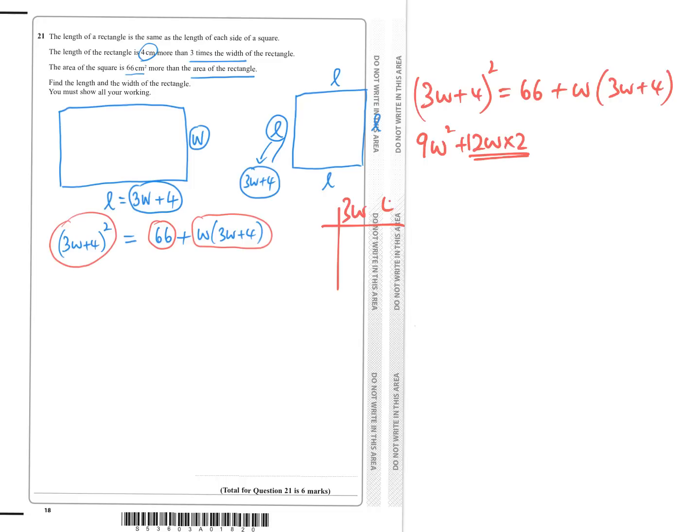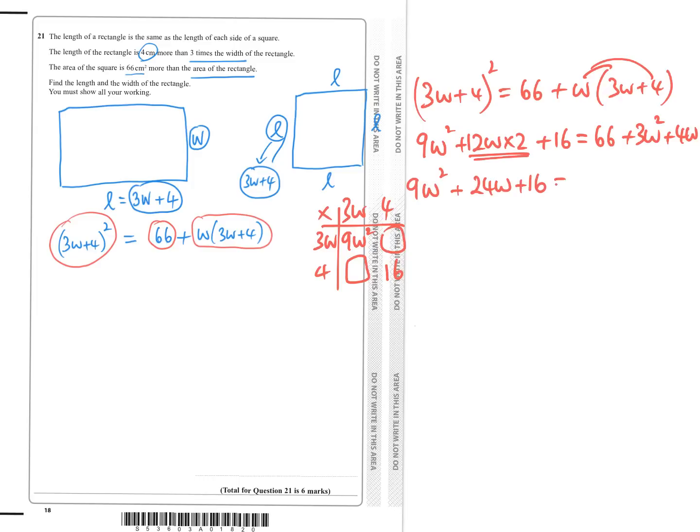I did that purposefully to make people aware that you've got to not just have this one and this one, but you've got to have 12w and another 12w, plus the 16. And that's equal to 66 plus 3w squared plus 4w, which is just this multiplied out. So we'd end up with 9w squared plus 24w plus 16 is 66 plus 3w squared plus 4w.